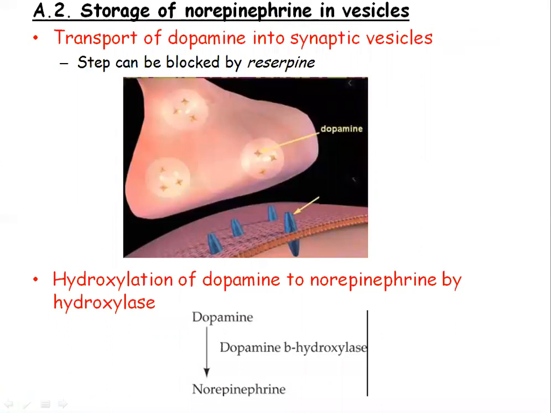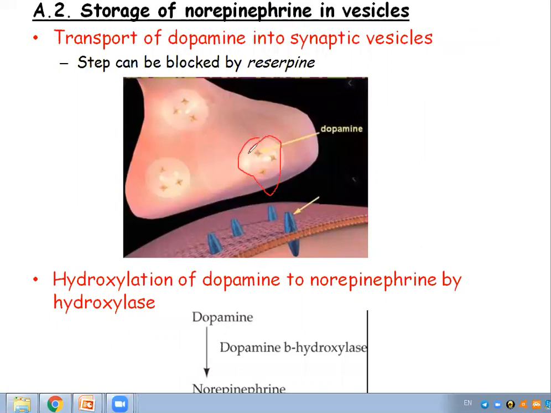After its synthesis in the presynaptic neuron, the dopamine needs to enter a vesicle, as you can see in this scheme. So the dopamine will be transported into the synaptic vesicle, but this transport, as I said, is blocked by reserpine.